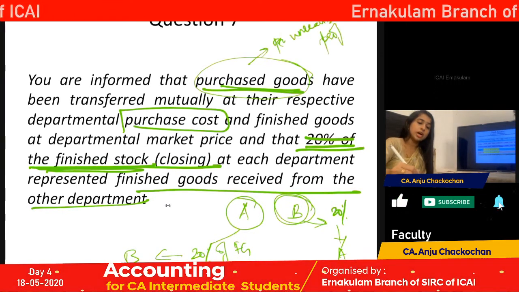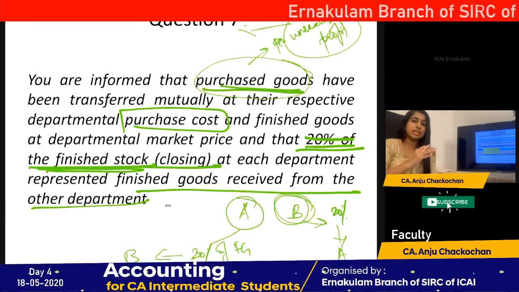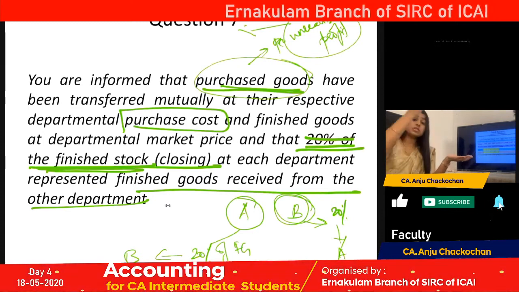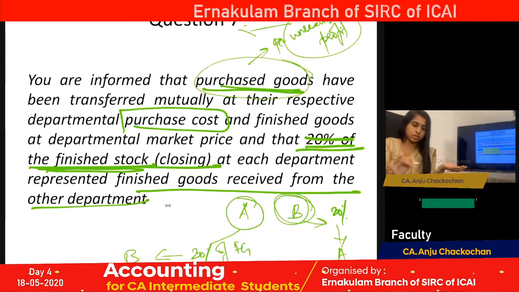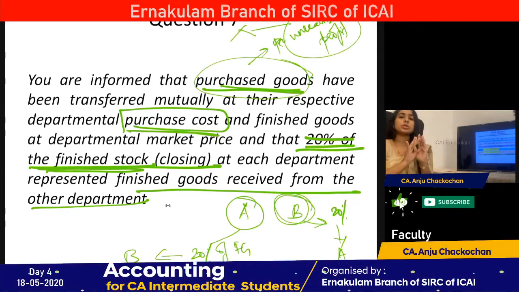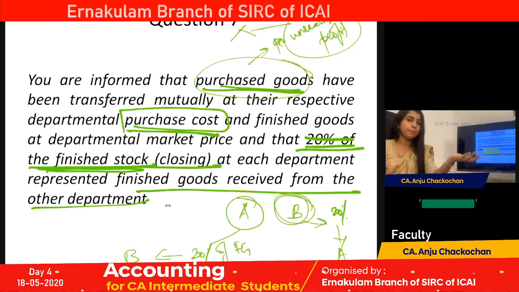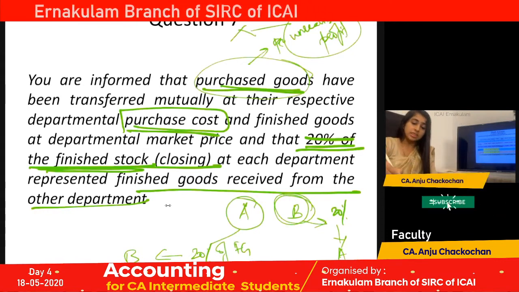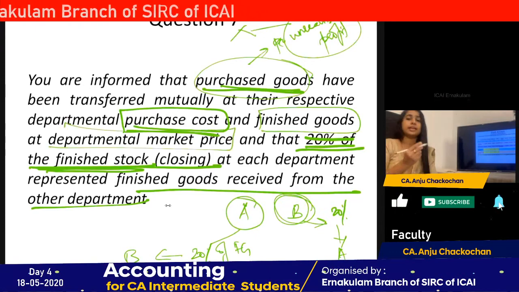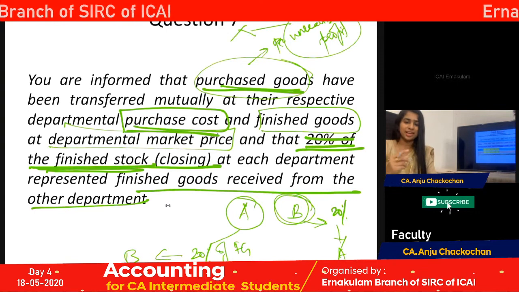The stock reserve concept is not applicable for purchase goods because they are transferred at the purchase cost. Whereas the finished goods are transferred at the departmental market price, thereby meaning there is a profit element included in that.